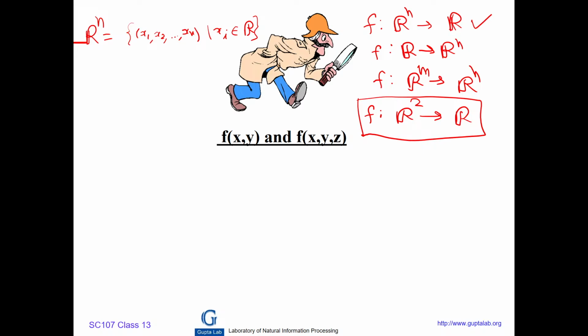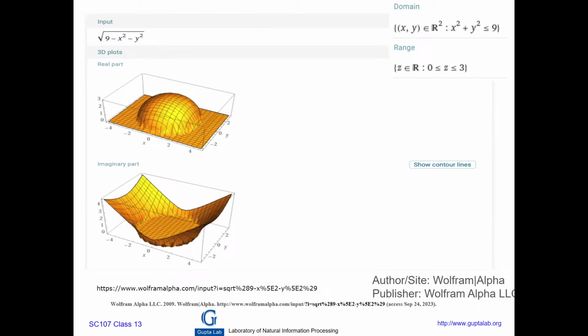So for these kinds of functions, let me give you an example first. Here is f of x comma y equal to square root of 9 minus x square minus y square. First of all, if the function is given like this, I need to find the domain and range, right? How do you find domain and range?